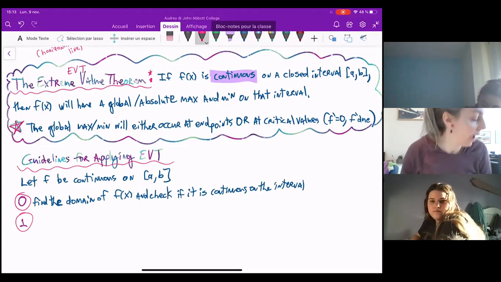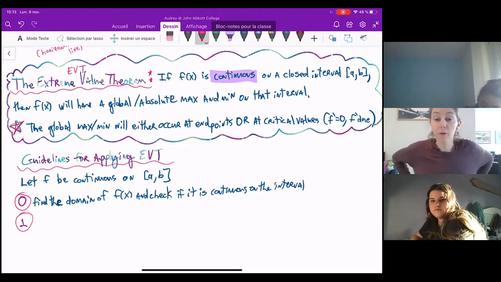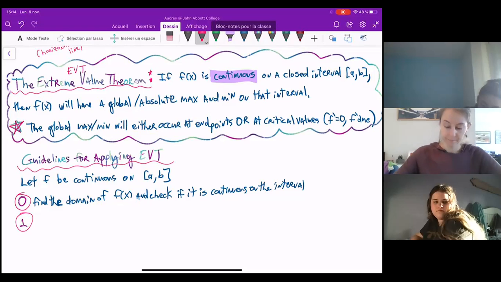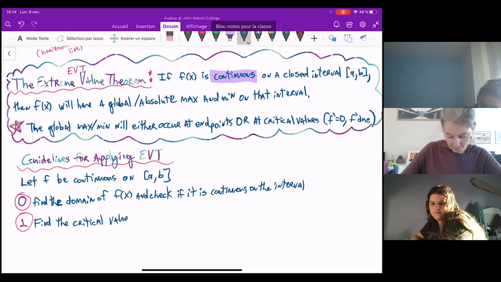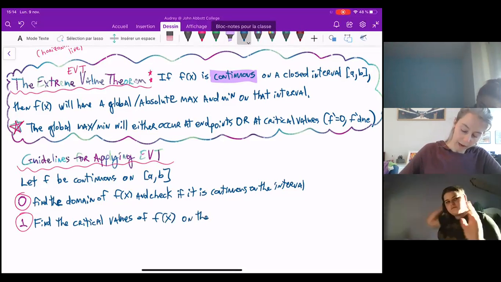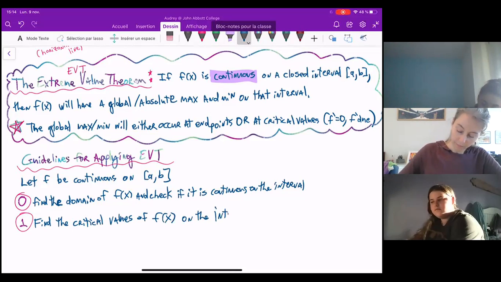Which will bring us into our actual steps. We need to find critical values. So we find the critical values of f of x on the interval.